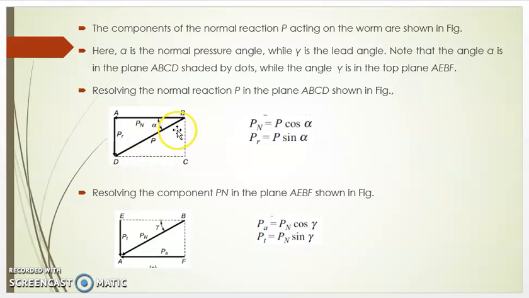Therefore, this is the normal direction P, Pn the normal component, Pr the radial component. Therefore, Pn is equal to P cos alpha and Pr is equal to P sin alpha. Similarly, from the diagram AEBF, we get the axial or thrust force Pa equal to Pn cos gamma and the tangential force Pt equal to Pn sin gamma.